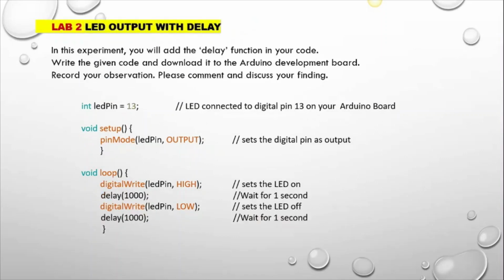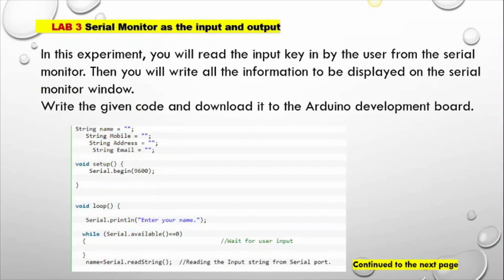In lab 2, you are going to use the same circuit, but you add delay in between the code, and then you observe the output. And lab 3, you are going to use a serial monitor as the input and output for your digital port.